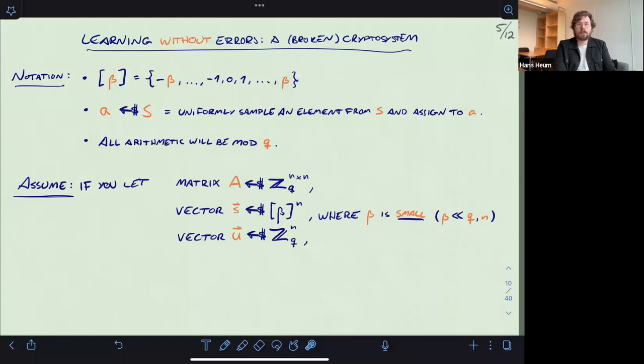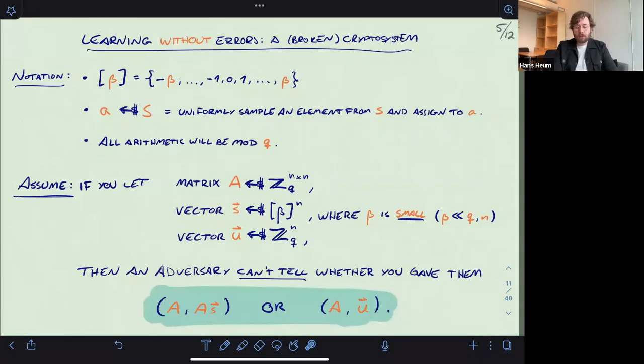So let's start with an assumption. This is the sort of security assumption that we will build our crypto system on. If you have a uniformly sampled matrix A and a uniformly sampled short vector S, so beta is now a small value, so S will be a short vector. And if you uniformly sample a vector U, which does not have to be short, then assume the following.